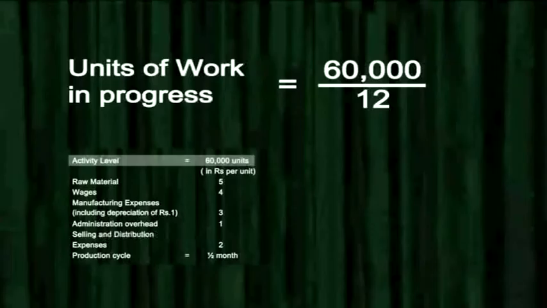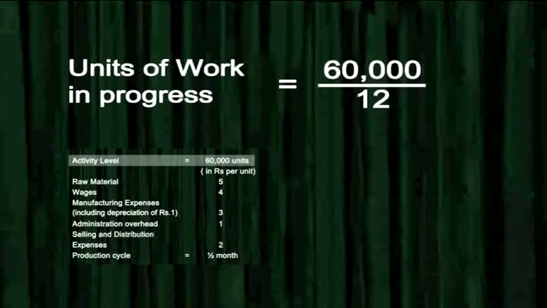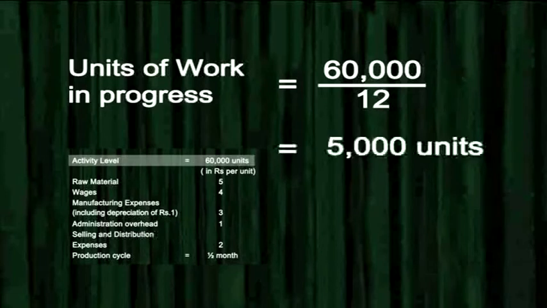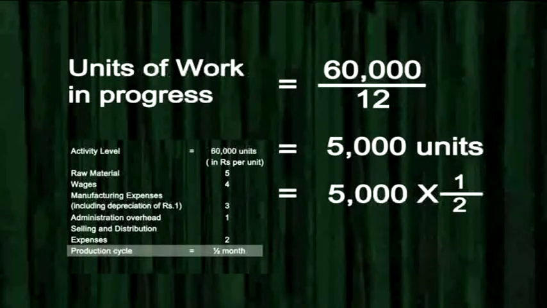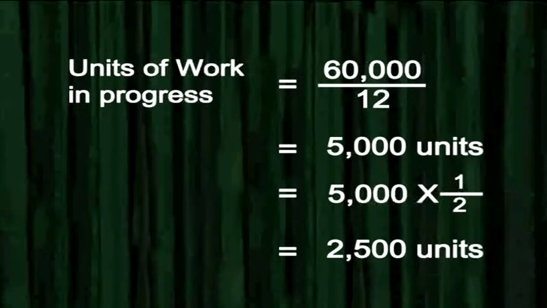So let's see this working. First of all, units of work in progress. They are given as 60,000 yearly. So divided by 12, we will get the figure as 5,000. Now the production cycle is half, so we have to take half of the 5,000. Computed, it will give us the figure of 2,500 units.